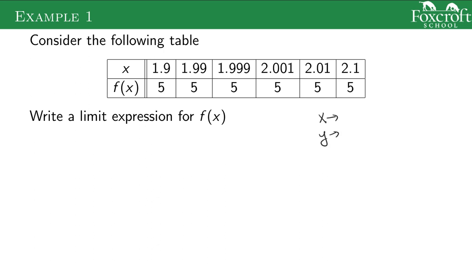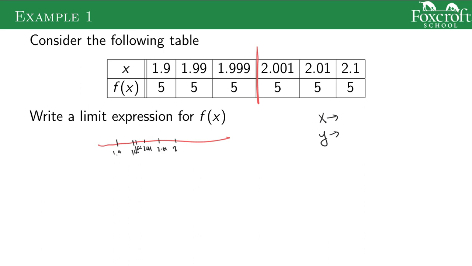Generally what happens with these tables is the middle is where you're focusing, because your x values are going to come from both directions to the point you actually care about. So if we think about a number line, on this number line we have 1.9, 1.99 is more than that, 1.999 is a little bit more than that, 2.01 is more than that, 2.1 is more than that.